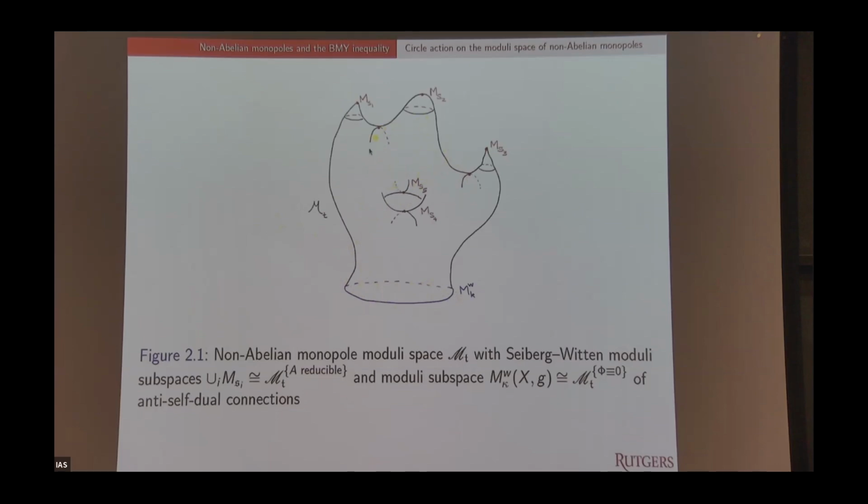I've also labeled these points in a way that suggests a Morse theoretic interpretation, as if these points are actually critical points of some kind of height function, and that's on purpose. So I've labeled two kinds of critical points, if you will. Points up here where there seems to be some kind of singularity, and then points in the moduli space here where it looks like they're smooth points.